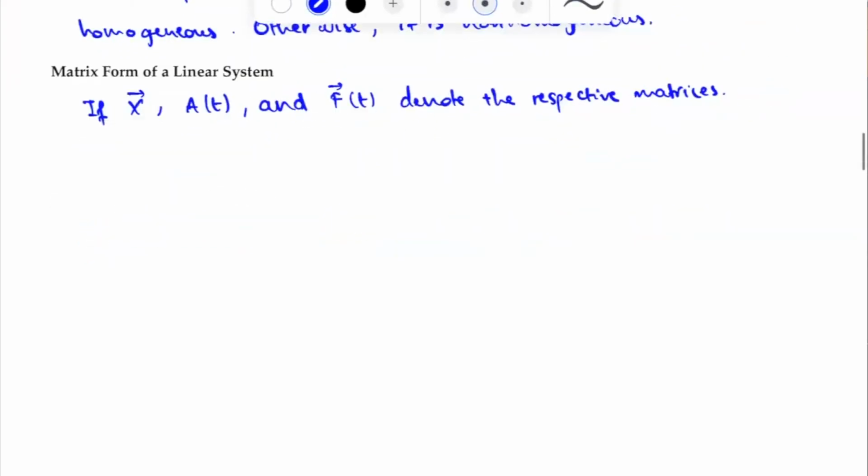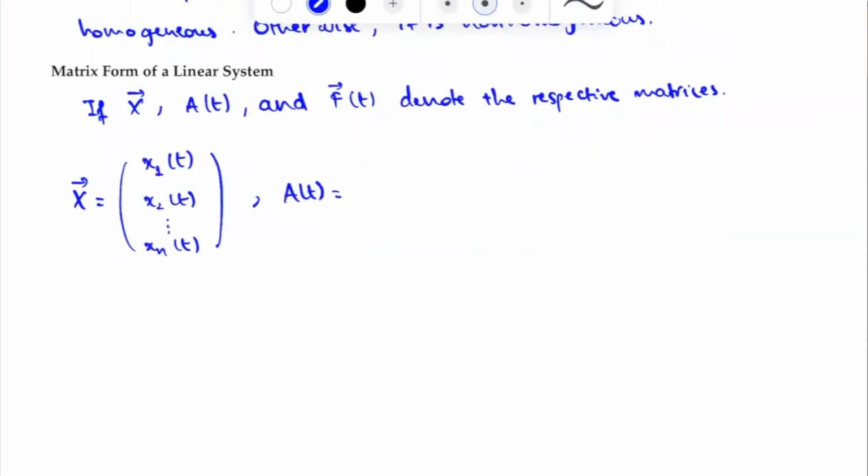Instead of writing dx1, dx2, and so on, I'm going to put everything together into a vector. Instead of all of the coefficients multiplied with the dependent variables, I'm going to put those coefficients into a matrix, called a coefficient matrix. For the dependent variables, I have x1(t), x2(t), up to xn(t). It's just a collection of all the dependent variables.